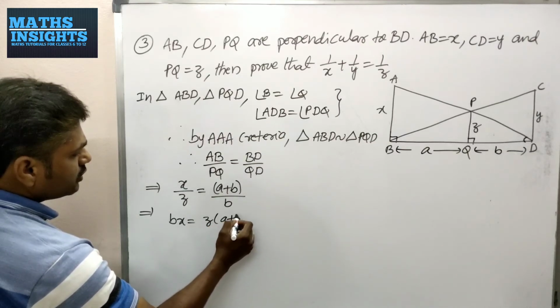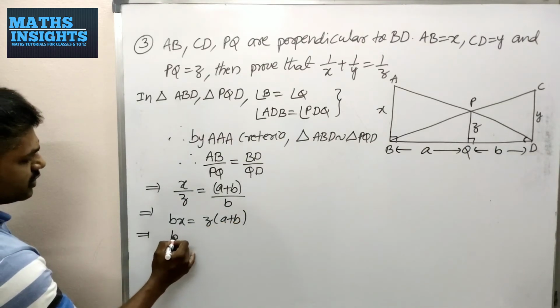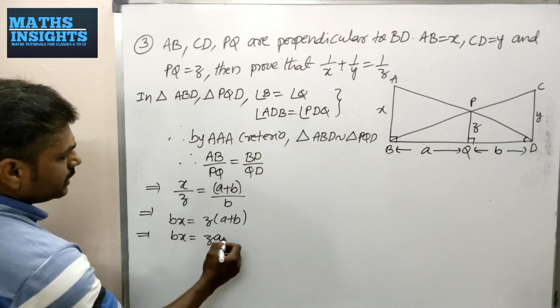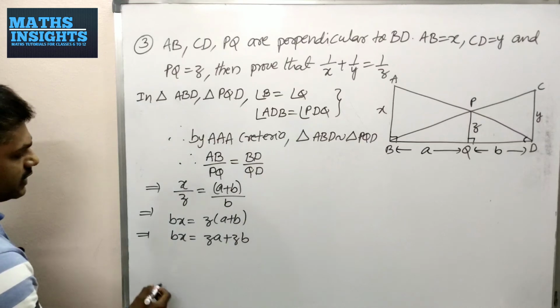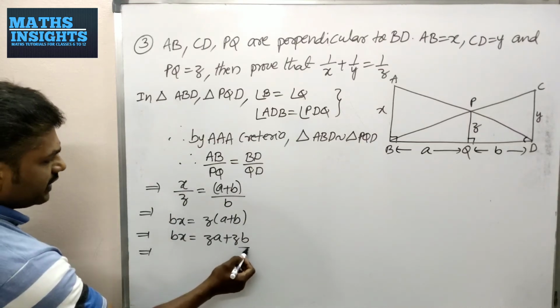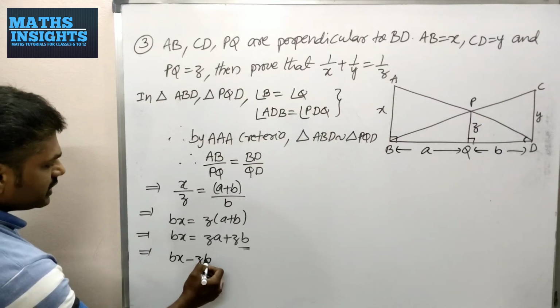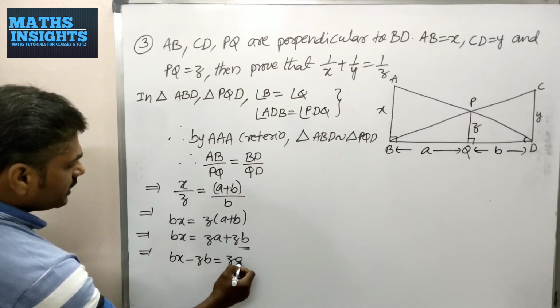On doing this calculation, Bx is equal to ZA plus ZB. I will take this one to this side. Therefore Bx minus ZB is equal to ZA.